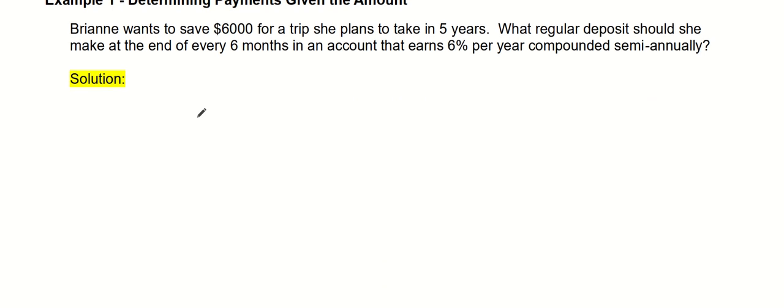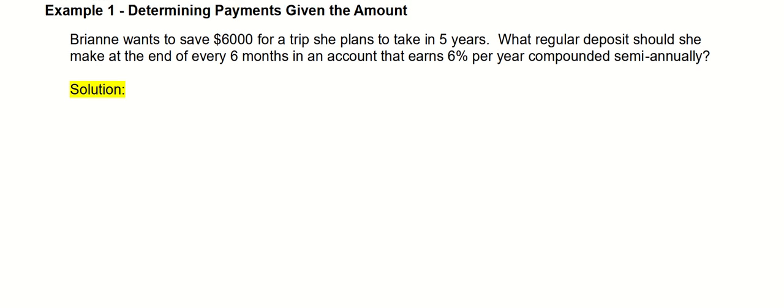First thing we should do is write down the information we have. This is basically the GRASP technique, and I just like to call it putting what you know first. So what do we know? We know that she wants to save up, and that'll be A. She wants to save up $6,000.